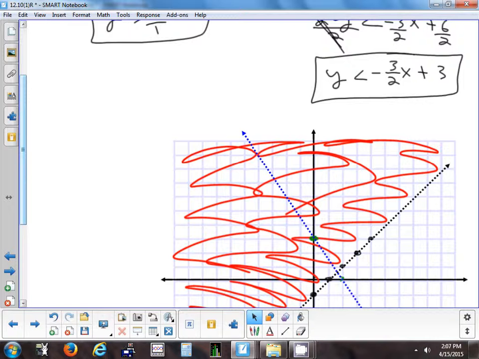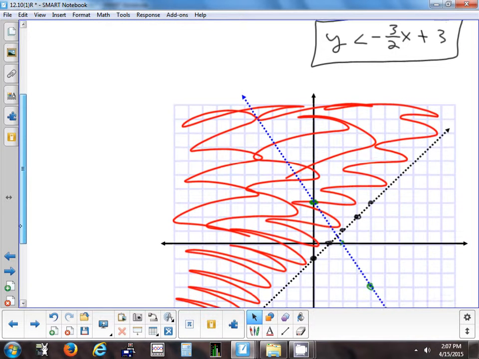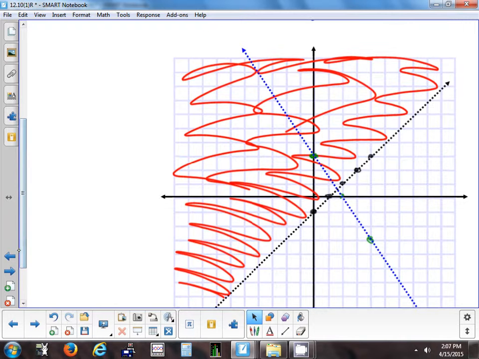We're looking at Chelsea, trying to find something on her chart. We're looking for less than. Is that above or below? Or shade below.